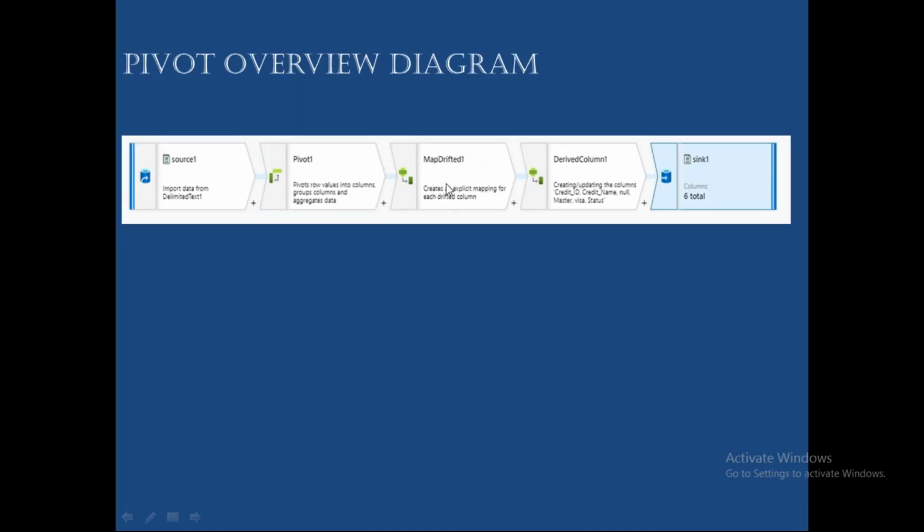But map drifted will not be available by default in these actions. When you apply the pivot transformation, in the preview result you will be able to see map drifted. You need to use this map drifted to get the output. In output, if you want to get those new rows, you need to use map drifted. Then you need to use derive column to identify.